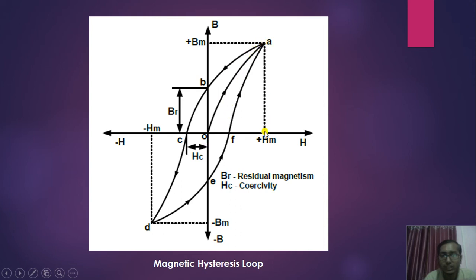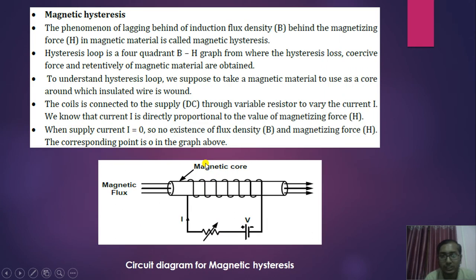But as soon as we decrease the magnetization force, the magnetic flux density does not decrease the same way as it increased. It acquires another path to decrease, and when the magnetic force again becomes 0, the magnetic flux density still has a positive value. In this way, magnetic hysteresis occurs.